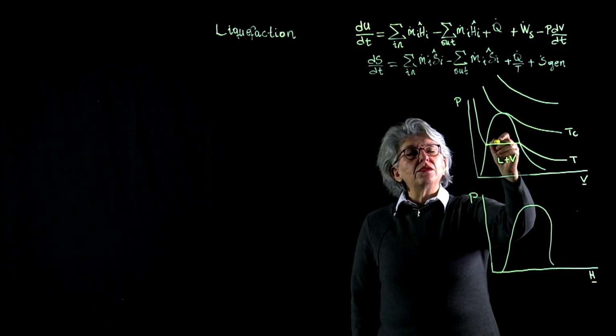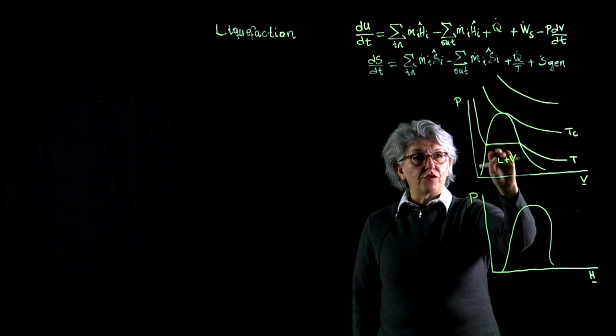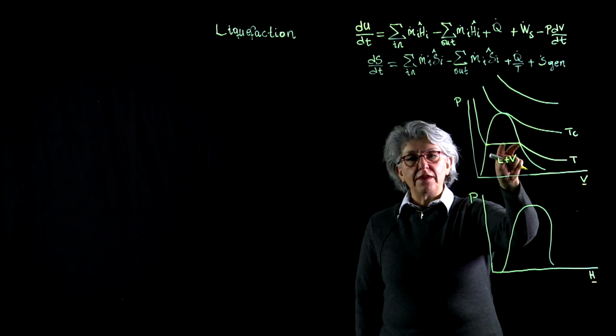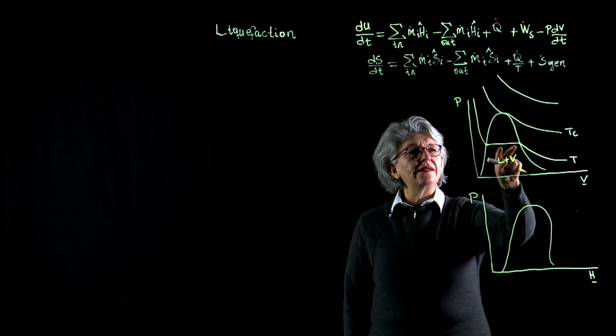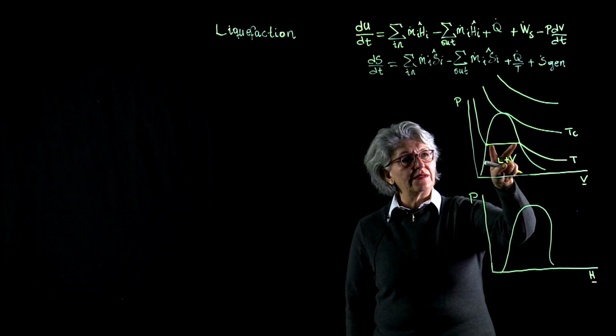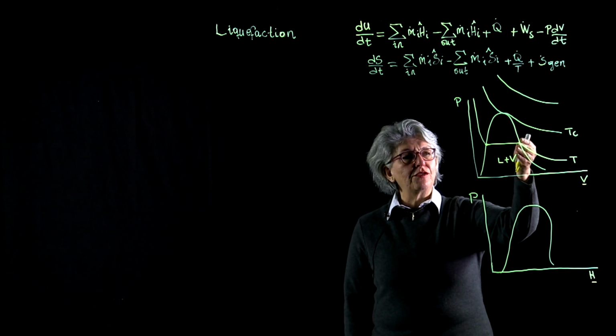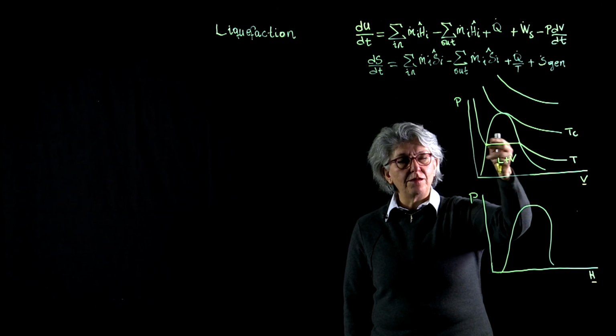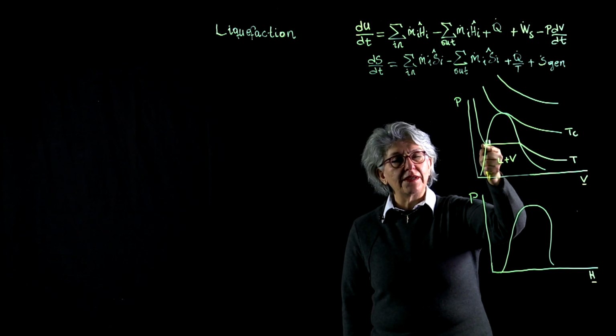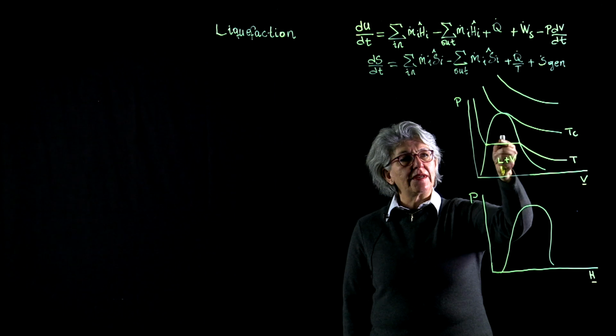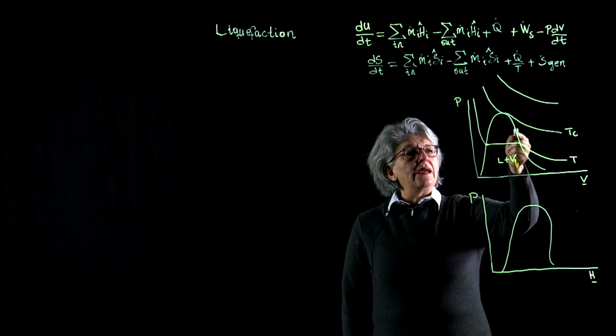If we continue to increase its pressure, and of course in this domain, between liquid and vapor coexistence domain, the increase in pressure doesn't happen. We have to remove the energy somehow because condensation is a constant pressure as well as a constant temperature process.